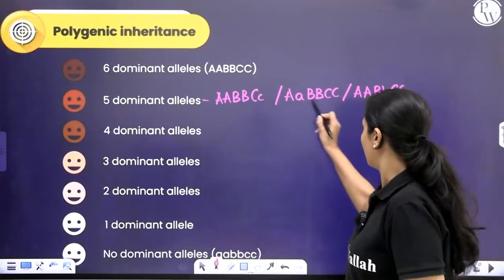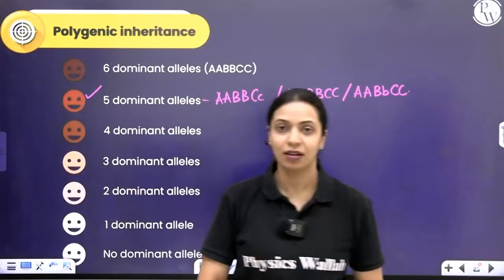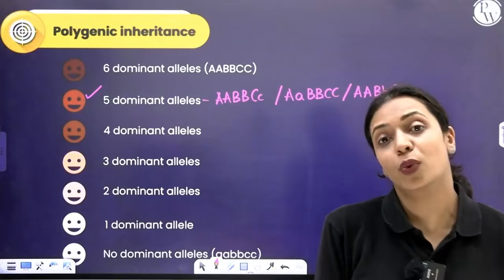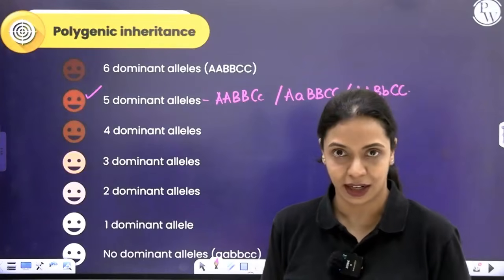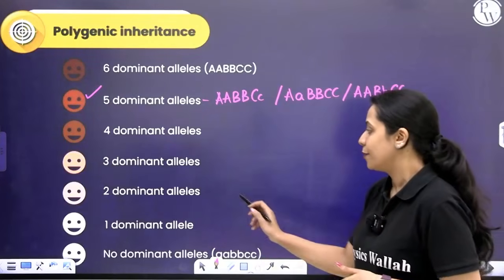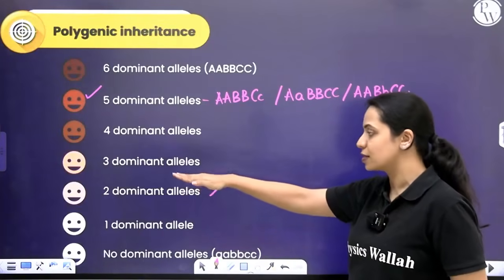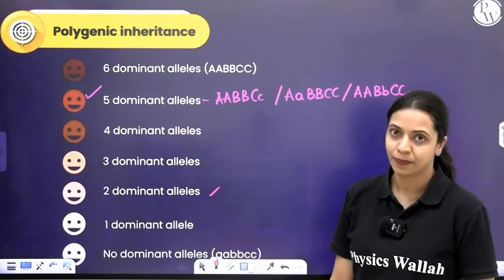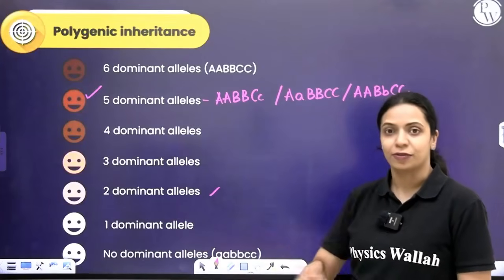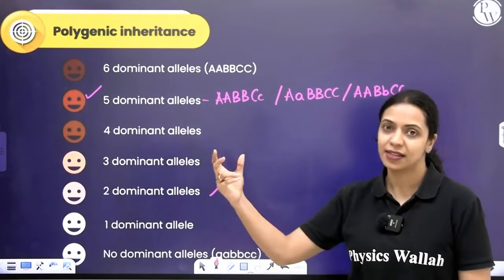So all of these will have the same phenotype. It doesn't matter which one is dominant. What matters is how many are dominant. Likewise, if 2 are dominant, as you can see, the fewer the dominant alleles, the paler the skin color will be. Okay. So it is additive. More dominant alleles, darker will be the skin color.